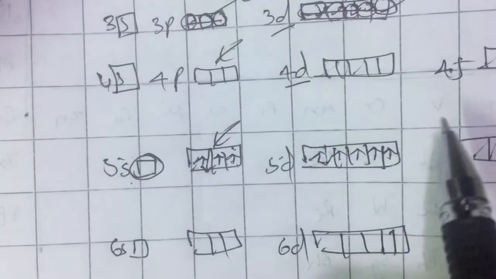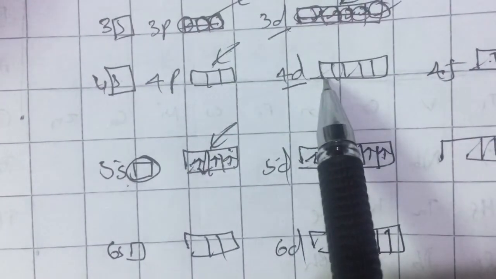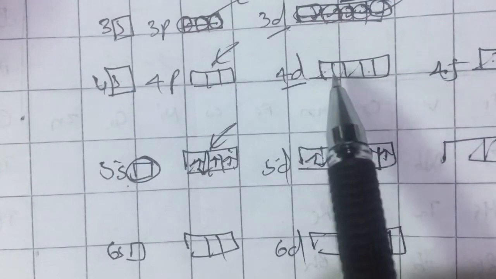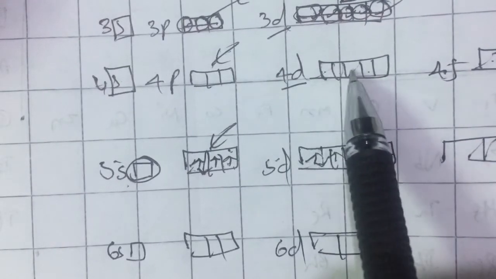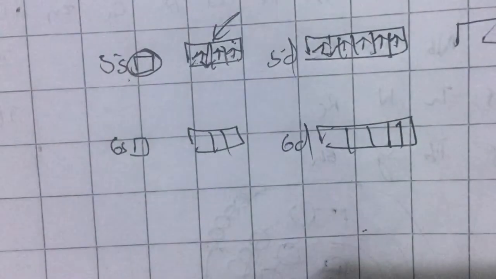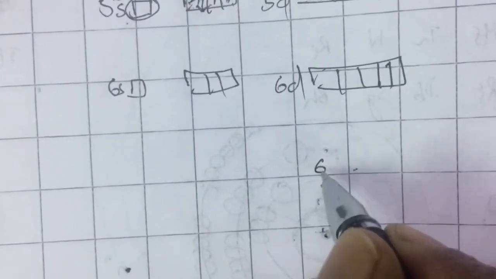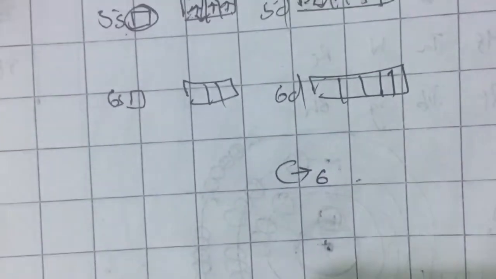When you are writing electrons in degenerate orbitals, you need not start at any particular one, you can start anywhere. But the rule is, you can't pair up unless all of them have one electron. If you know this rule, you can write the electronic configuration of any element. Suppose you want to write the electronic configuration of carbon, atomic number 6.